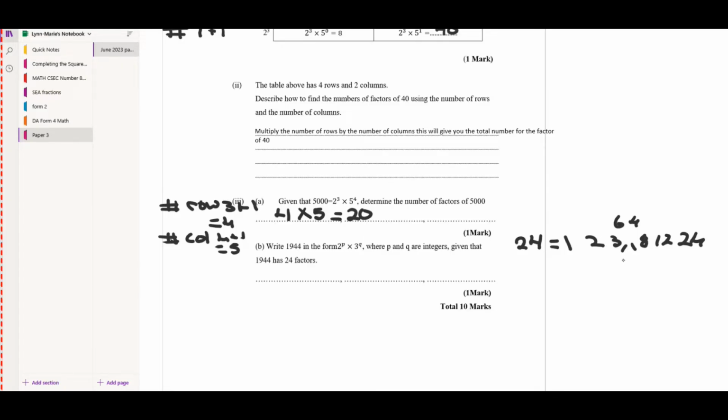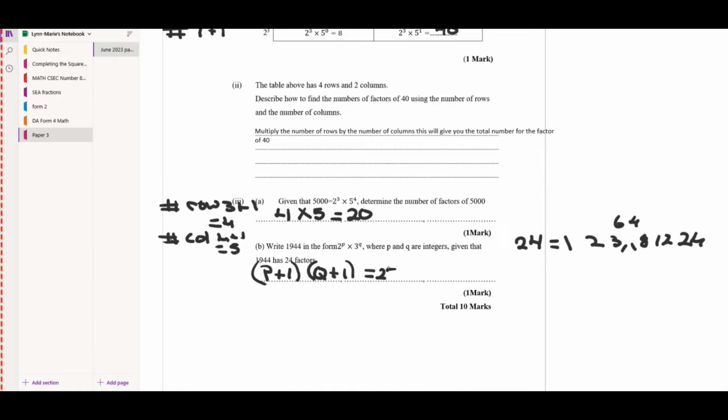So your p and q will tell you the number of factors here. So we know that p plus 1 multiplied by q plus 1 would give you 24.